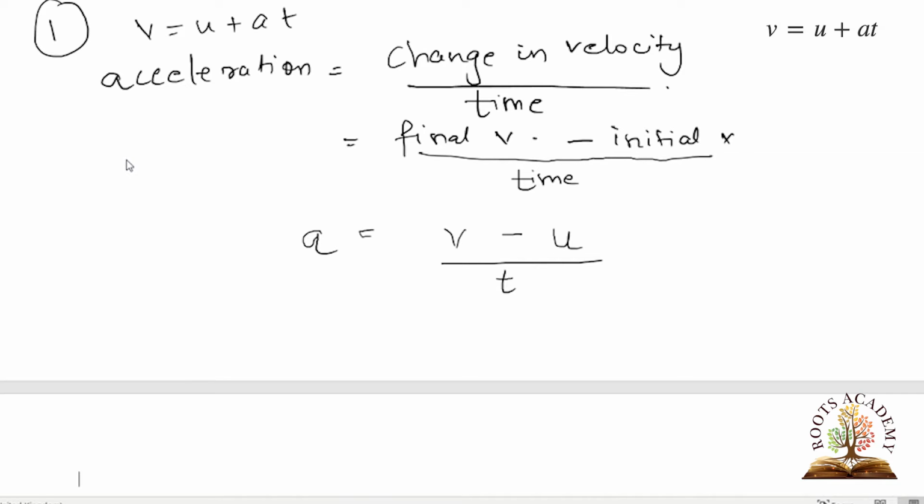upon time, and acceleration is written as a. Now what we are going to do is move this denominator time t over to the left hand side, where it will come in the numerator, and it's going to be at = v − u.